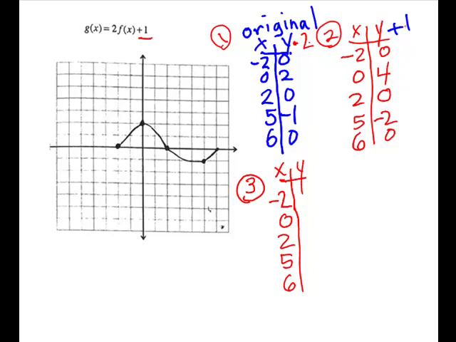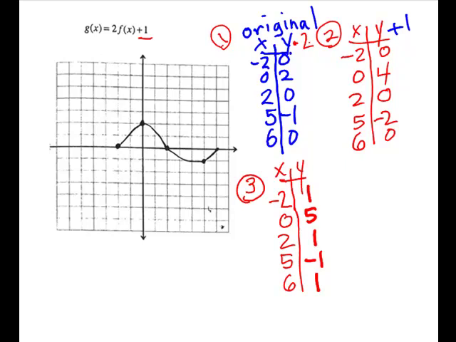All right, so I have 0 plus 1 is 1. 4 plus 1 is 5. 0 plus 1 is 1. Negative 2 plus 1 is negative 1. And 0 plus 1 is 1. All right, now I will put my new graph on there.